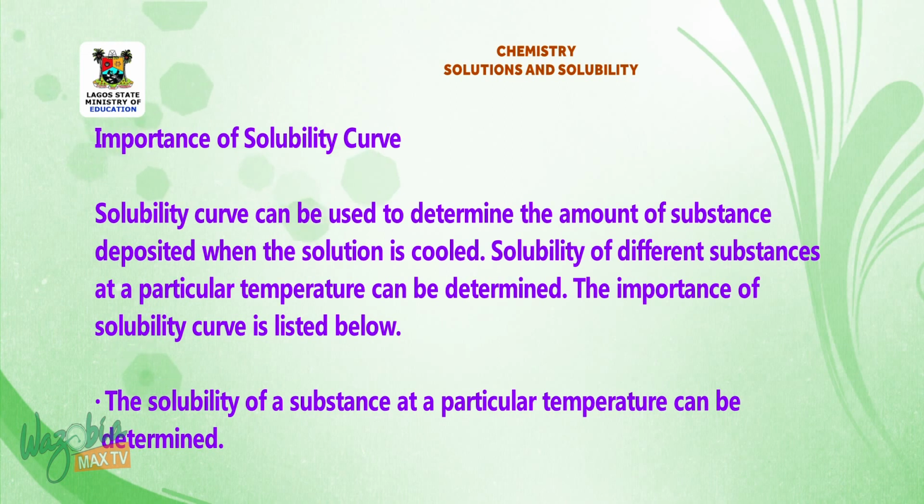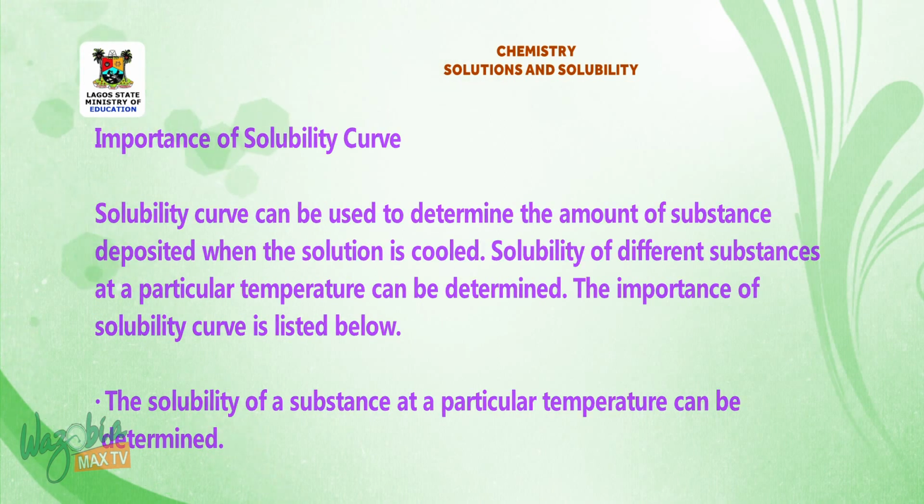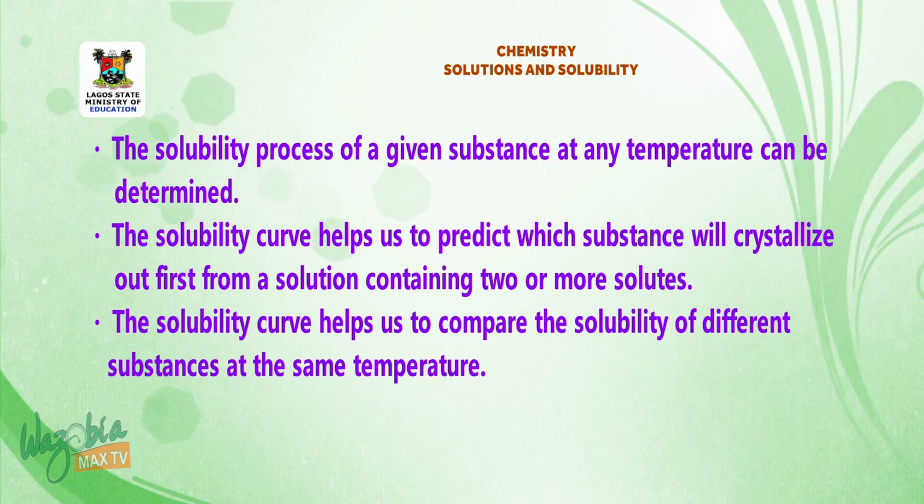Now, the importance of solubility curves is as given below. Number one, the solubility of a substance at a particular temperature can be determined. Number two, the solubility process of a given substance at any temperature can be determined. Number three, the solubility curve helps us to predict which substance will crystallize out first from a solution containing two or more solids.